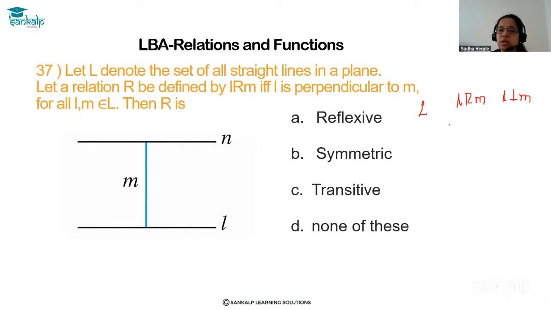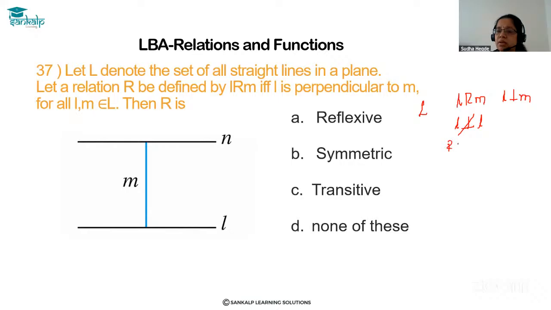So you need to check whether it is reflexive or not. In place of M, you have to take L again. Is L perpendicular to itself? Definitely no.